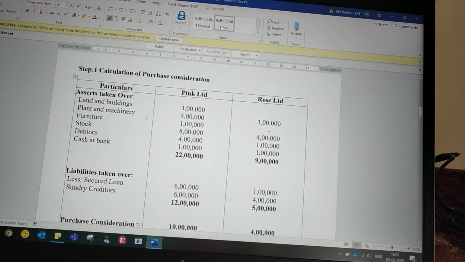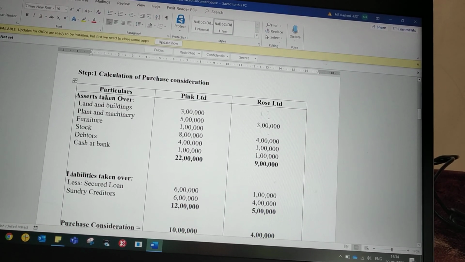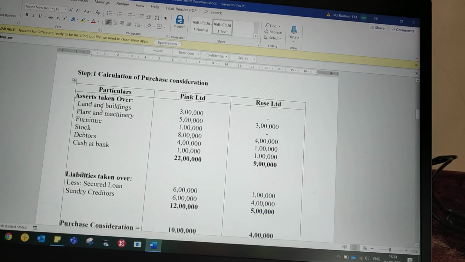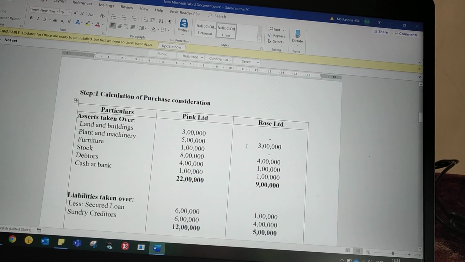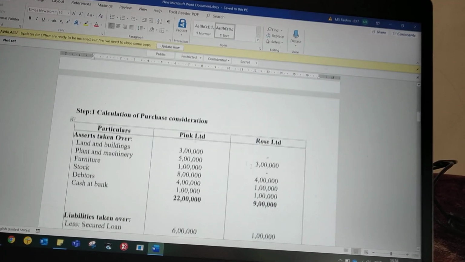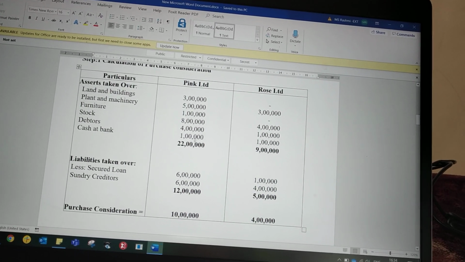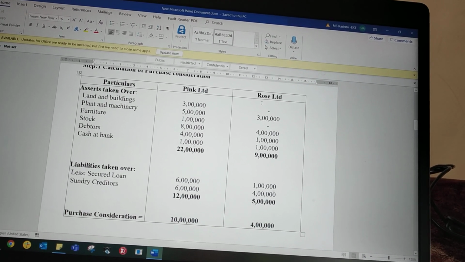So here we have two companies, Pink Limited and Rose Limited. First is assets taken over, with all the book values given in the balance sheet; the same values you have to consider for Rose Limited and Pink Limited. Pink Limited's total assets will be 22 lakh.